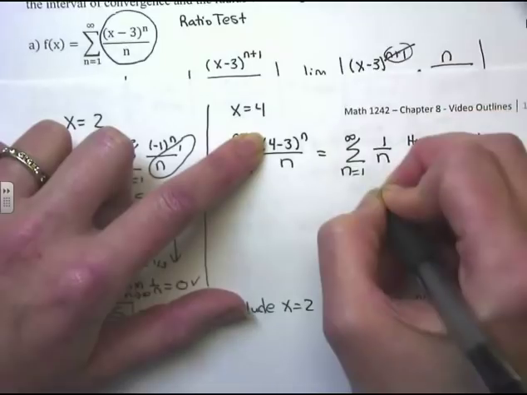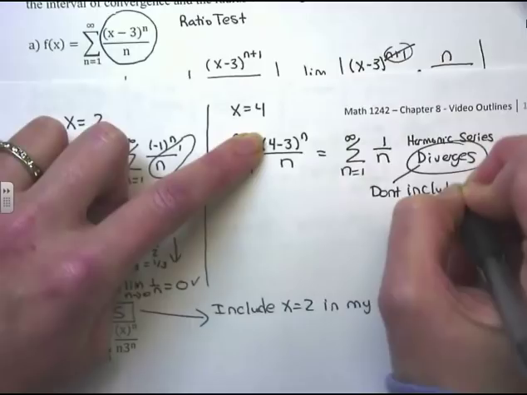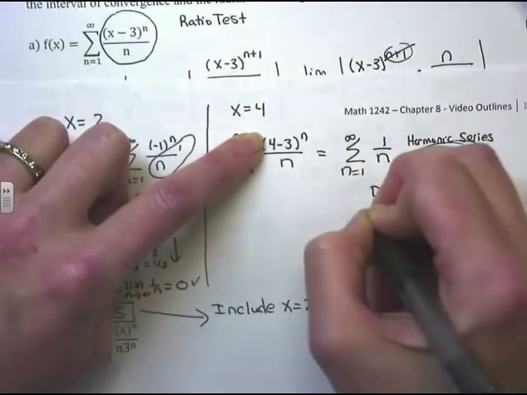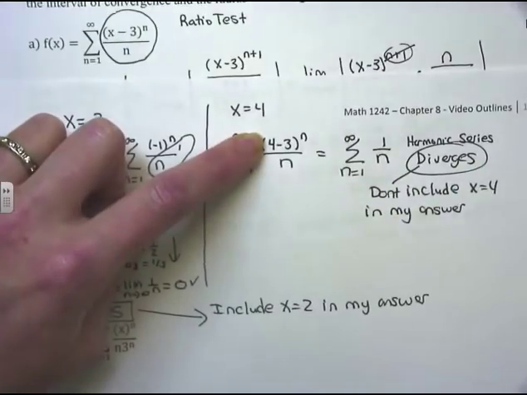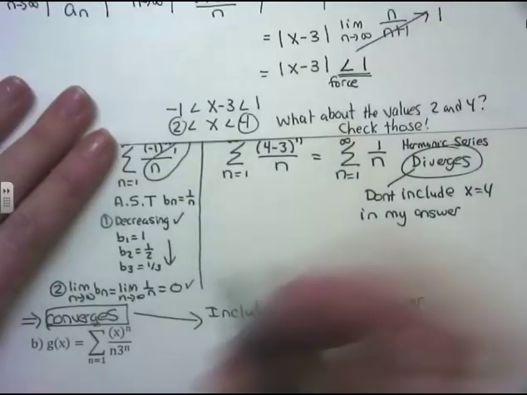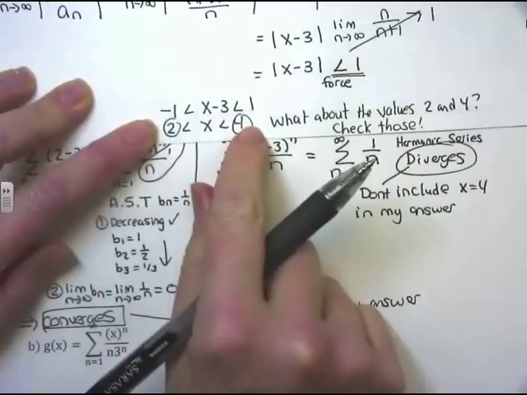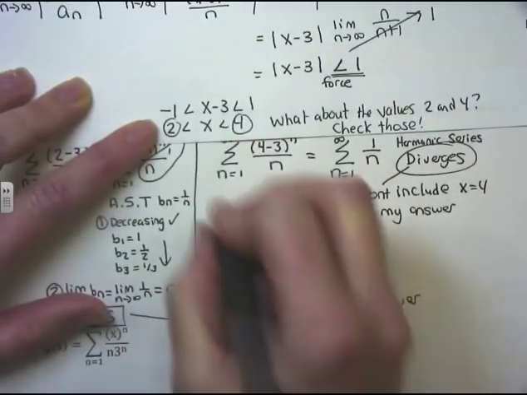What that means is I don't want to include x equals 4 in my answer. So values of x that work, anything between 2 and 4, including 2 but excluding 4, is your interval of convergence.